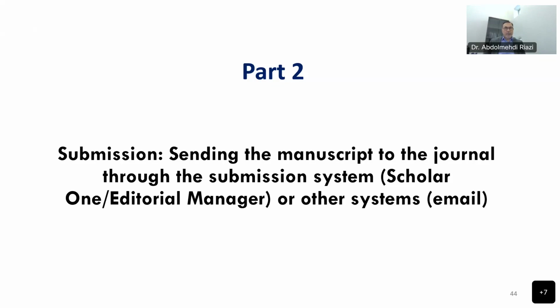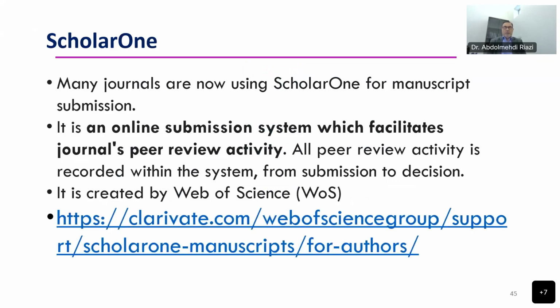But as I understand it, and my colleagues will perhaps confirm that, most of the journals nowadays have gone online in terms of submission and the whole review process, and they use a program called Scholar One, which, as I understand it, is created by Web of Science, and I have actually created a link to show you how it looks.